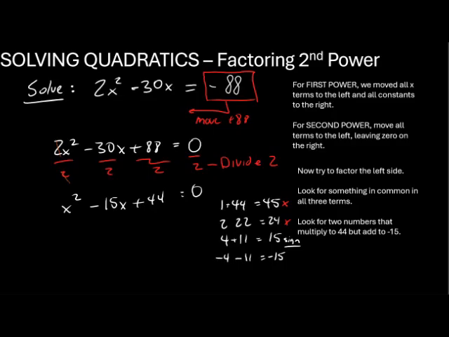So now we will split this equation into two parentheses. We know our numbers are negative 4 and negative 11, and so we'll place those in the second position, and then place x in the first position for each of those, and say this is going to equal 0.